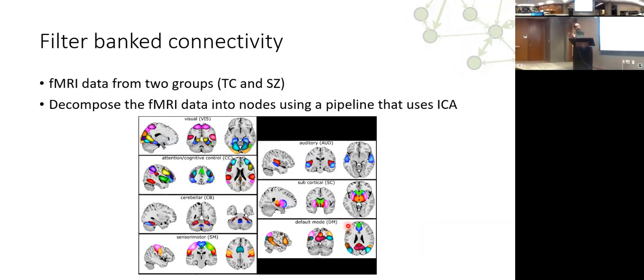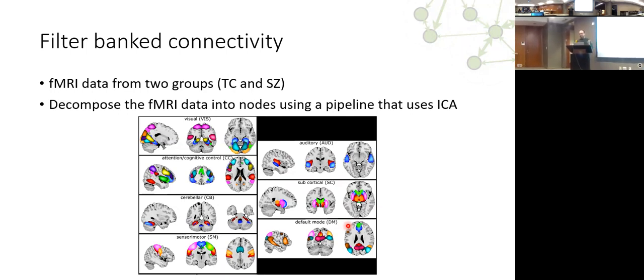So we can use this to look at a real fMRI data set. The data set that I talk about here has, I think, 300 subjects, and it has 2 groups: controls and individuals with schizophrenia, which is a mental health disorder that our lab actually studies a lot.